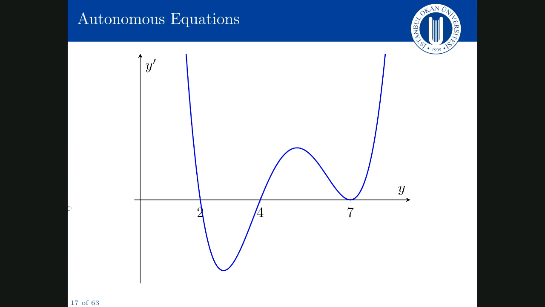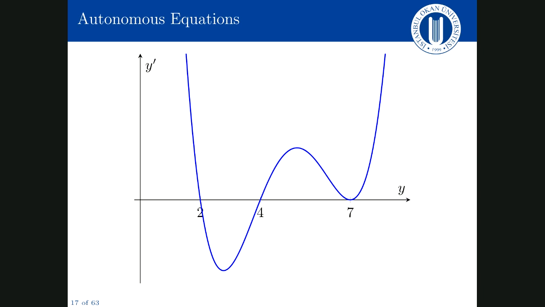This is a graph of f(y) against y, which I showed you in the midterm exam. I want to draw green arrows in each interval, which is between the equilibrium solutions and to the left and the right of the equilibrium solution.